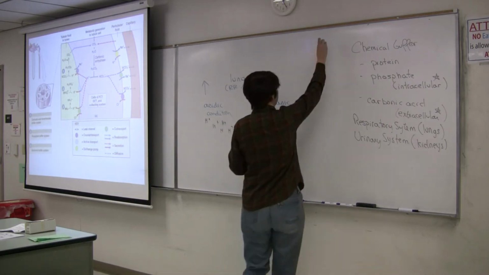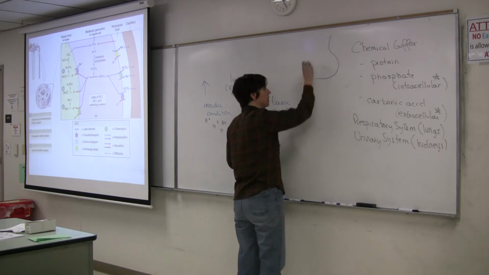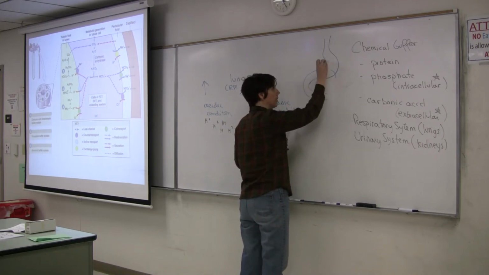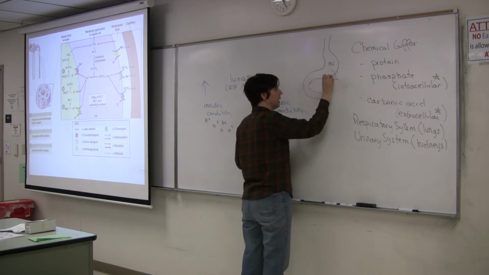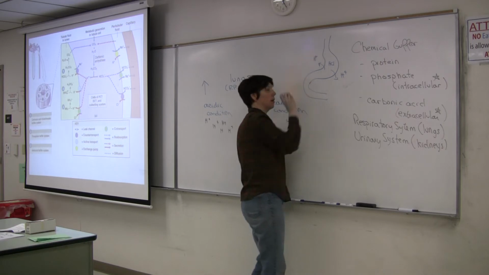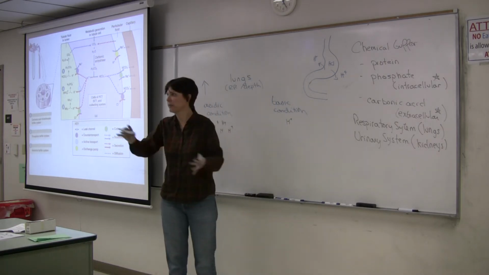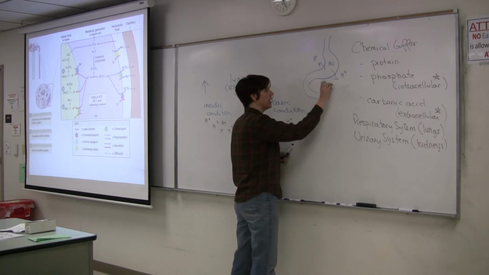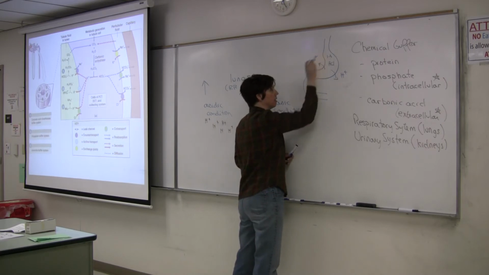Let me just kind of illustrate what's going on here, because we haven't done the digestive system yet. So, the stomach makes hydrochloric acid. That means your body absorbs those hydrogen ions as it moves through your digestive tract. The pH here is 1 to 2.